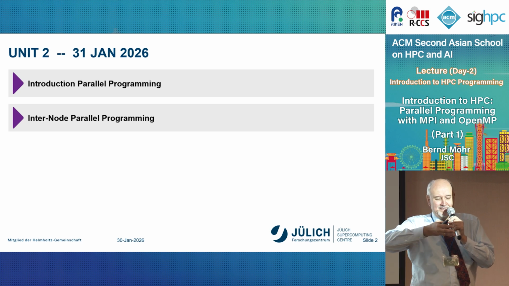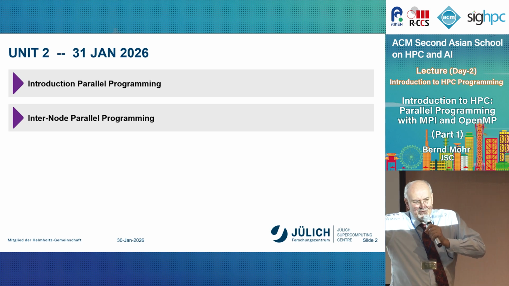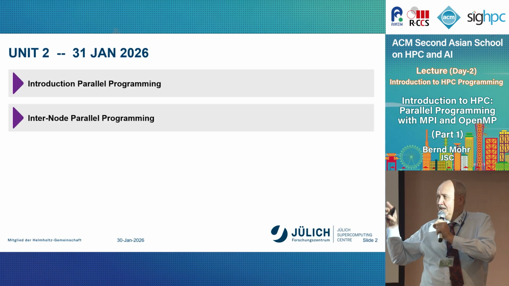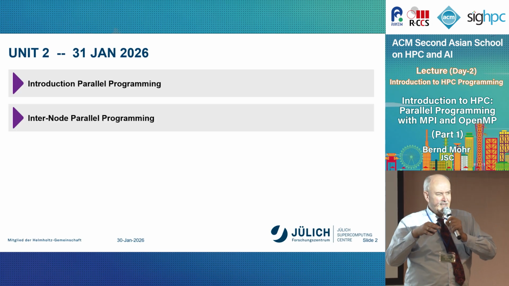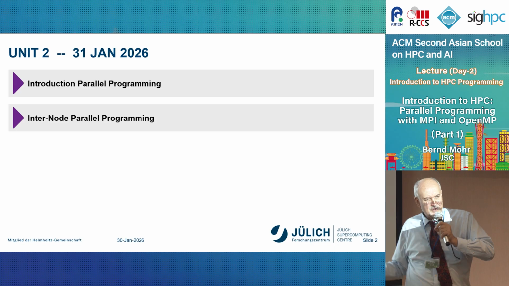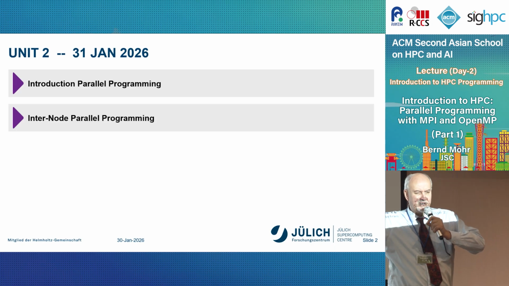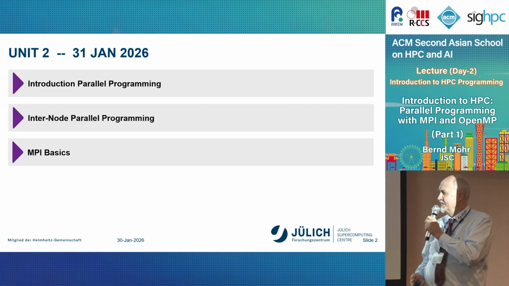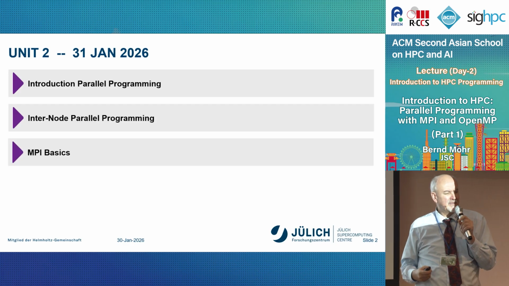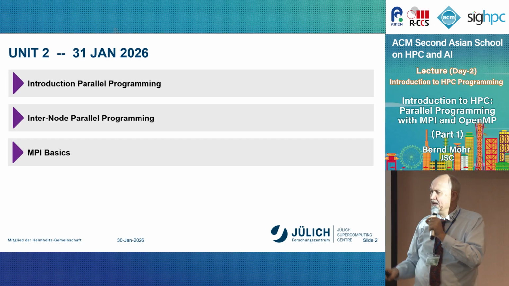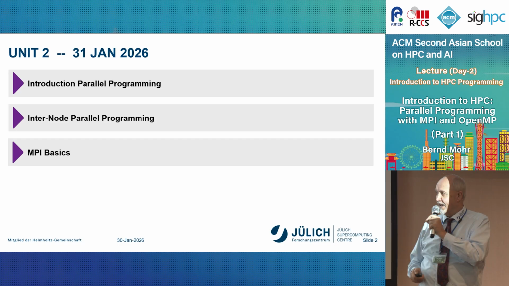But now I have multiple computers connected together through a network. So I need to know how to use these together, which means I have to go through the network, so it's across nodes, which is called internode. That basically means we're using a specific framework called MPI, and I give you an introduction to MPI.